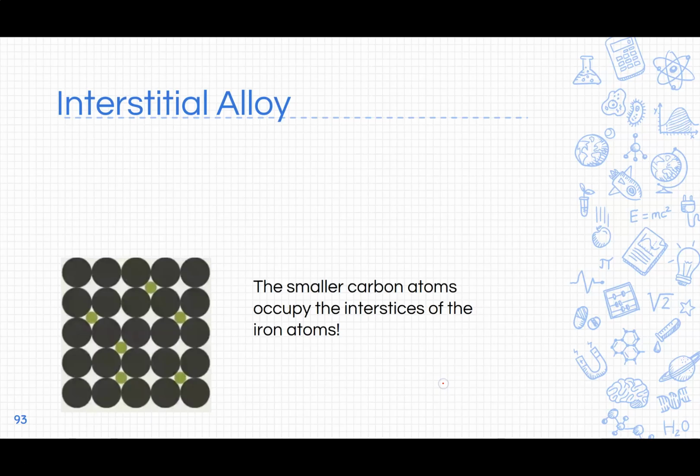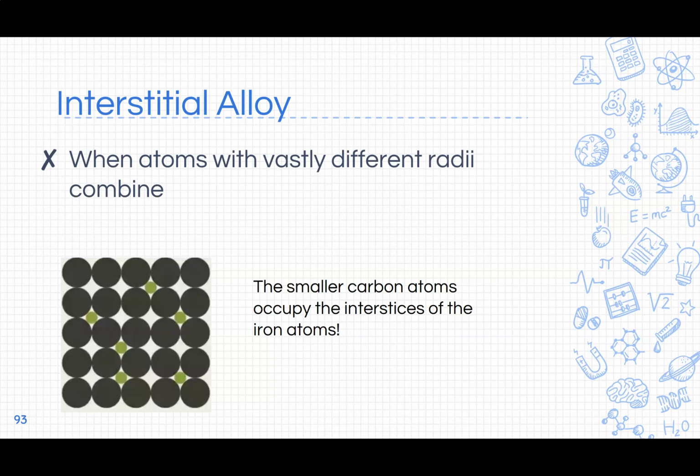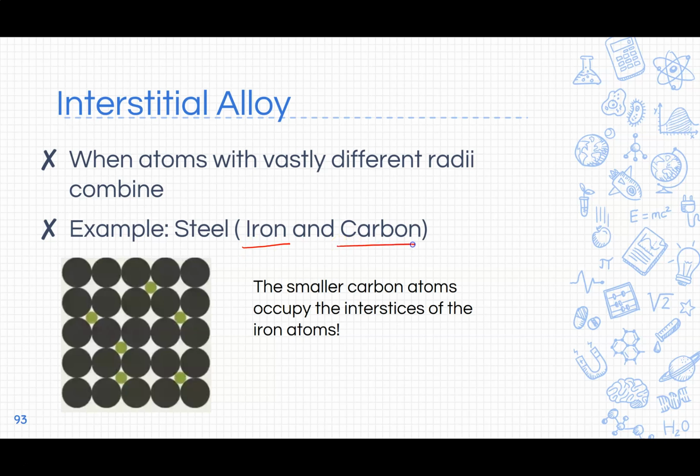Okay. We have two different types of alloys. We have interstitial alloys, which is when atoms of vastly different radii combine. An example of an interstitial alloy is steel, which I mentioned is iron and carbon. So here's a picture of that. The dark ones are the iron atoms, which are quite large, especially in comparison to the carbon atoms, which are quite small.